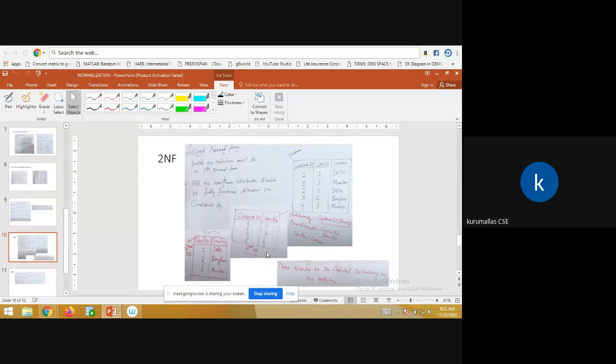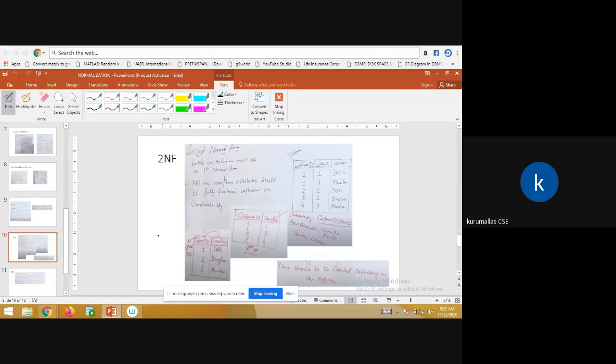Next, very important, we need to discuss second normal form. The rules of second normal form: first, the table or relation must be in first normal form.